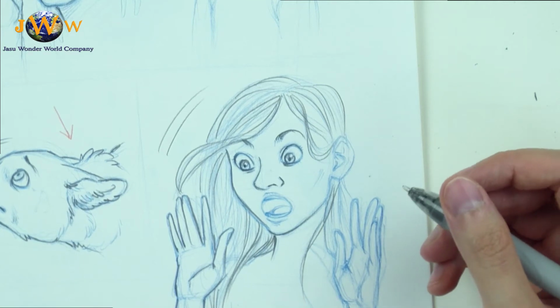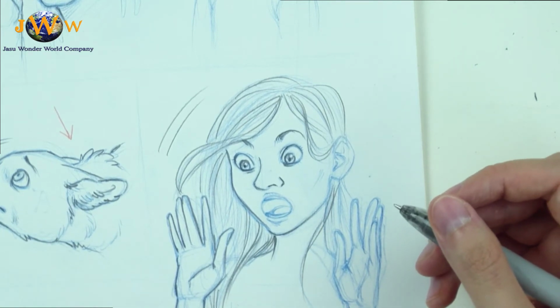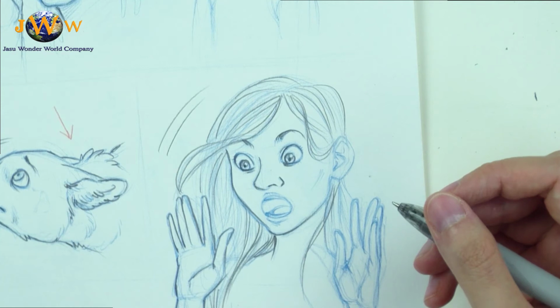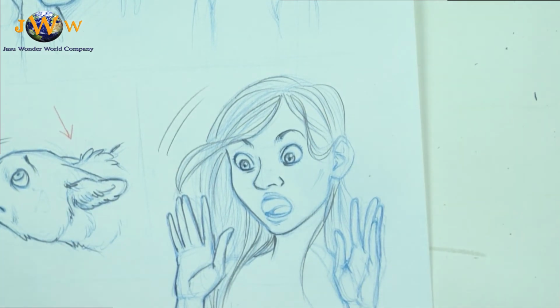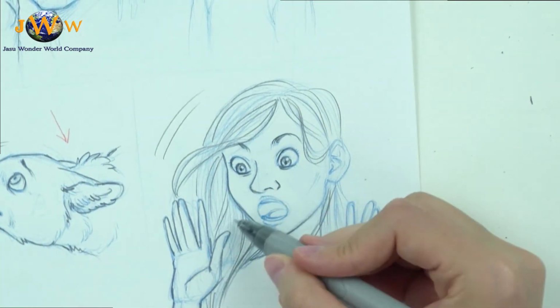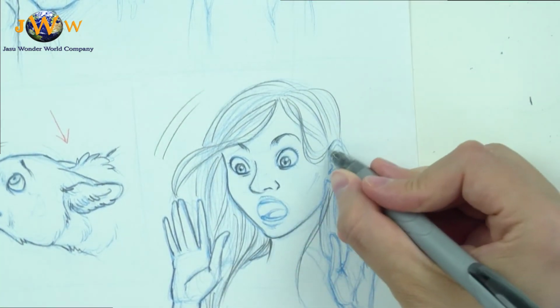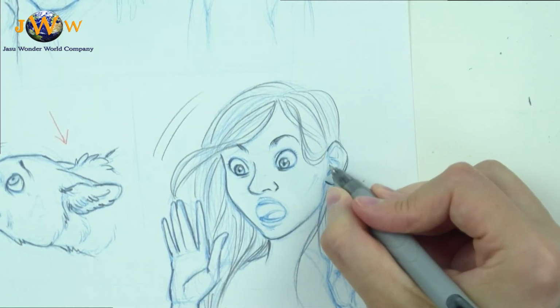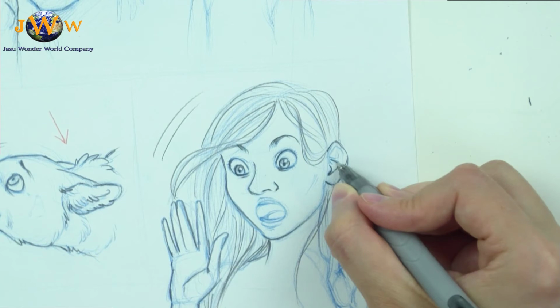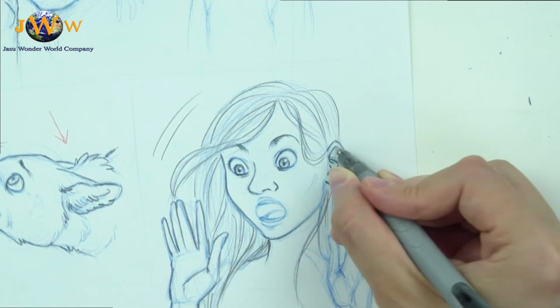I think human hands compensate for the lack of ears. With animals, the ears are as expressive as human hands. So they can definitely help you to tell a story. Just add them hands in every now and then.